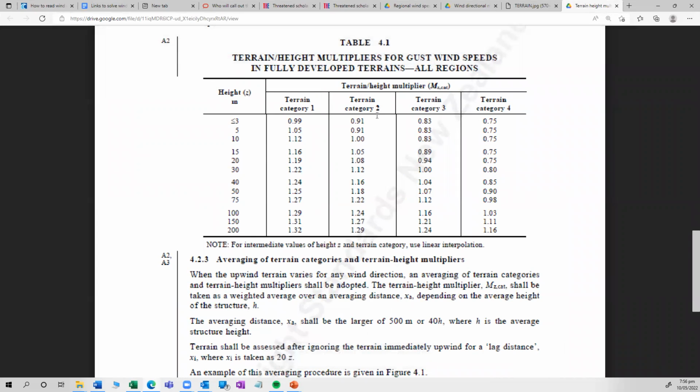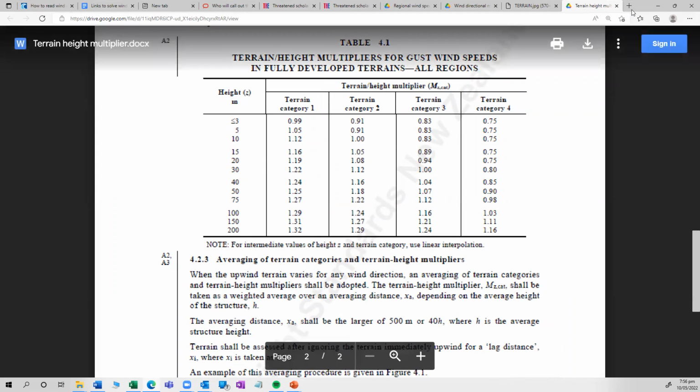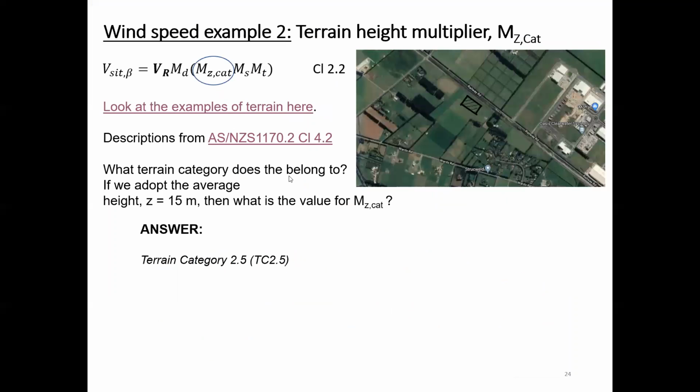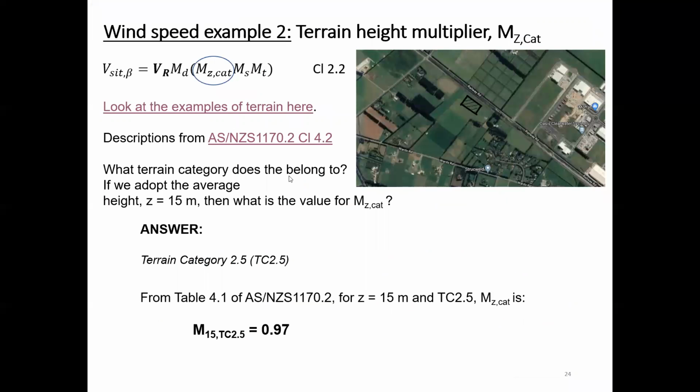How do you get 2.5? You've got categories 2 and 3, so you just take the average of 1.05 and 0.89. Table 4.1 should show you how to do the calculation.